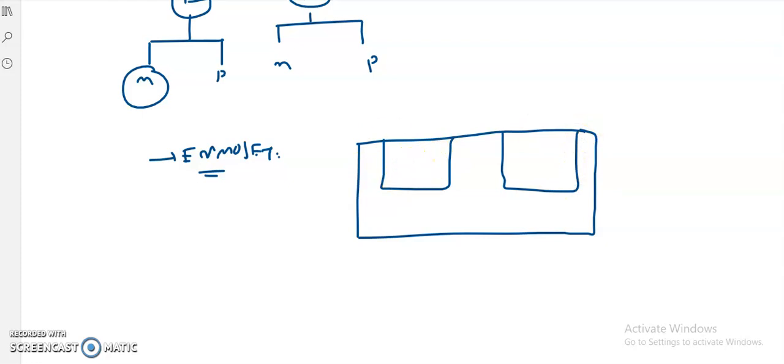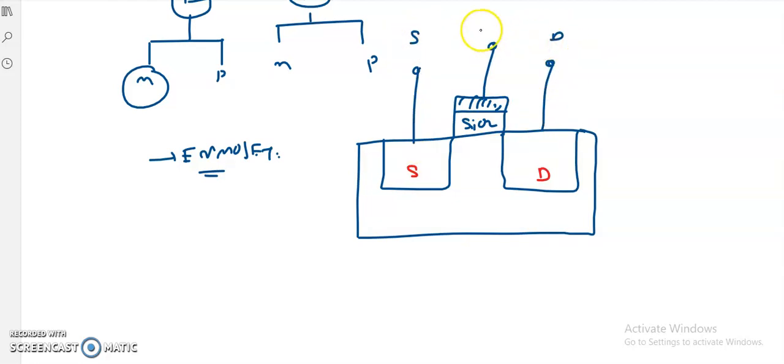One is the source terminal, second one is the drain terminal, and there is a silicon dioxide layer and a polysilicon layer, and here one terminal will come. So it is a source, it is a drain, and it is a gate.